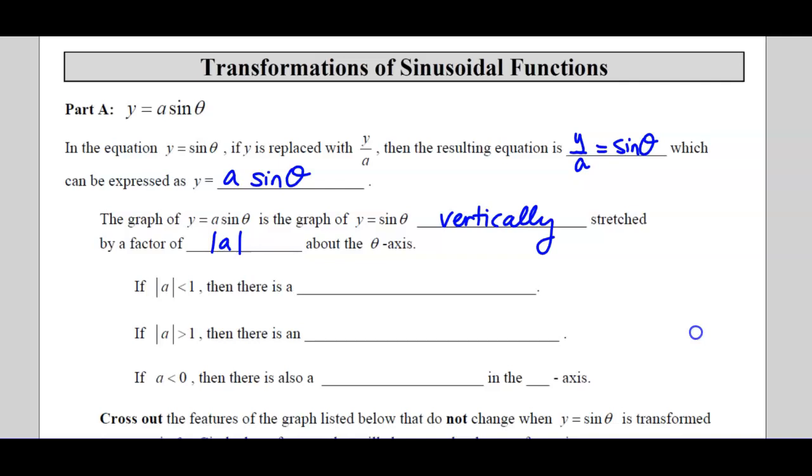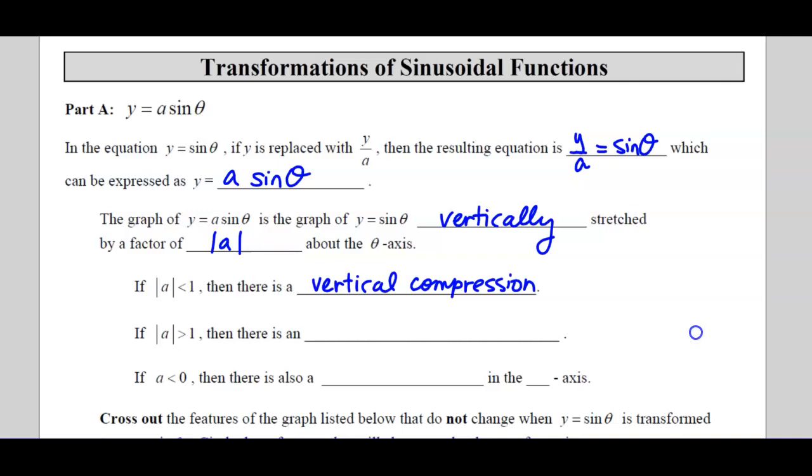What does it look like when you graph it? Is it going to be stretched out or compressed? It's going to be compressed, right? So we sometimes say there has been a vertical compression. That's just describing what it looks like. We always just keep to the vertical stretch by a factor of whatever.